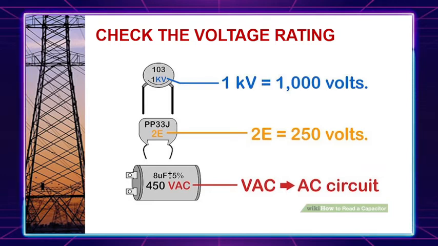Okay. If you are building an AC circuit, look for a capacitor rated specifically for VAC, which is equivalent to AC circuits. Do not use a DC capacitor unless you have an in-depth knowledge on how to convert the voltage rating and how to use that type of capacitor safely in an AC application. Since we know the difference between a DC and an AC application.